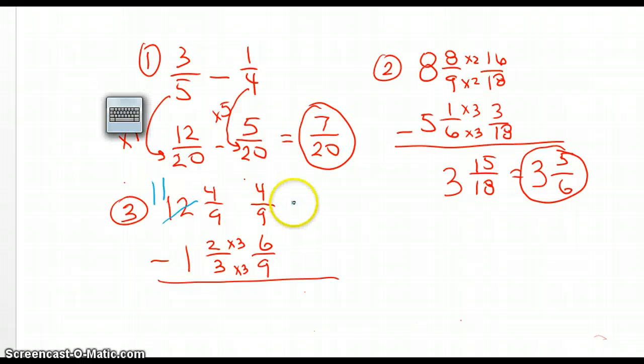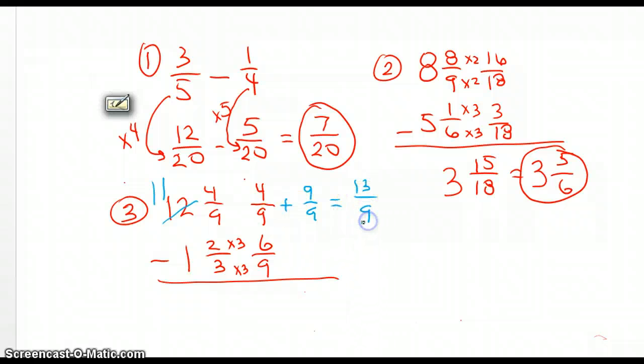And when you borrow 1 whole, any whole can be written as a fraction as long as the two numbers are the same. And you're going to purposely use 9, because this is the denominator that we used. And you're going to use 9/9, because 9/9 really just means 1. And then we're going to add these. So we borrowed 1, we rewrote it as 9/9, and we just added these numerators. 4 plus 9, of course, is 13.